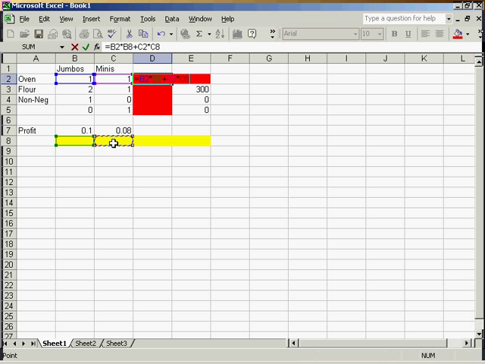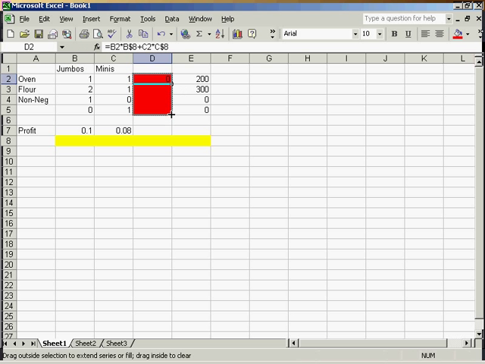And I'll hit enter. I'm then going to go back and highlight that cell again and select between the letter and the number on our answer cells, in this case B and 8, and insert a dollar sign. I'm also going to do the same for C and 8 and insert a dollar sign. By doing this, I'm able to drag this formula down for all of the constraints. So I now have all the formulas entered.